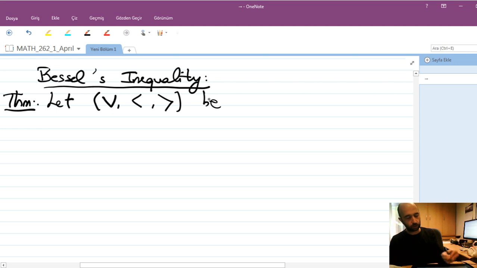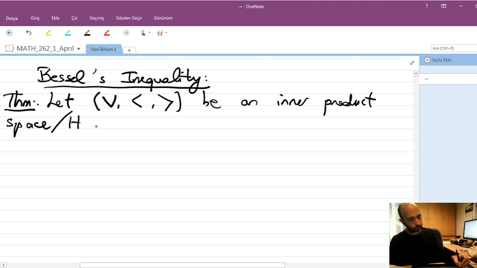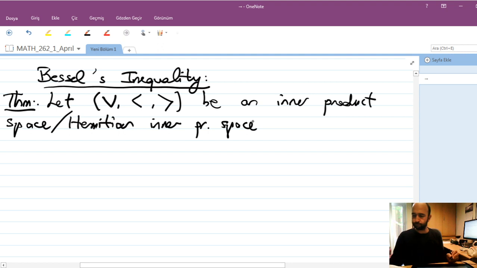It could be just real or a Hermitian inner product space. Okay. And suppose you have an orthogonal set in this vector space.